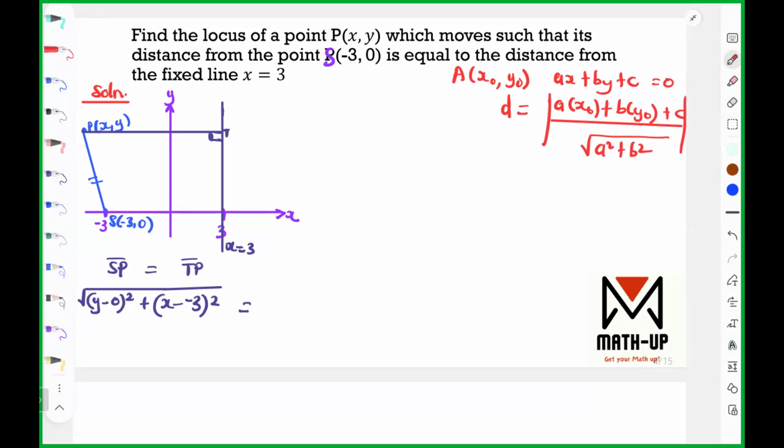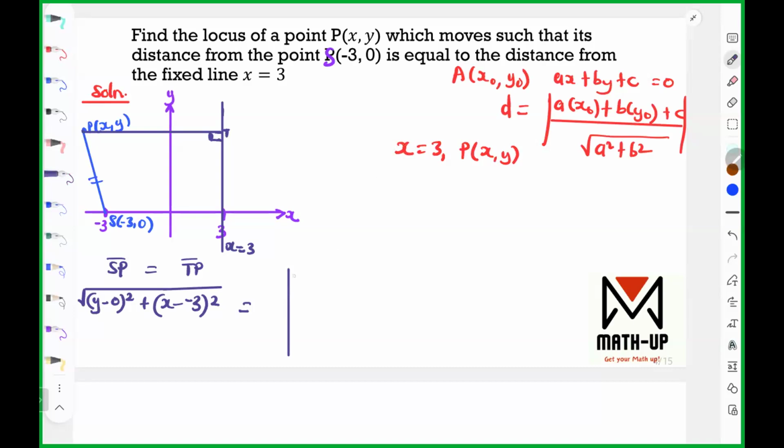Substituting into that formula, I know that in this case our line is x is equal to 3, and our point is P(x, y). So I'll have the magnitude of A, which is the coefficient of x, which is just 1.